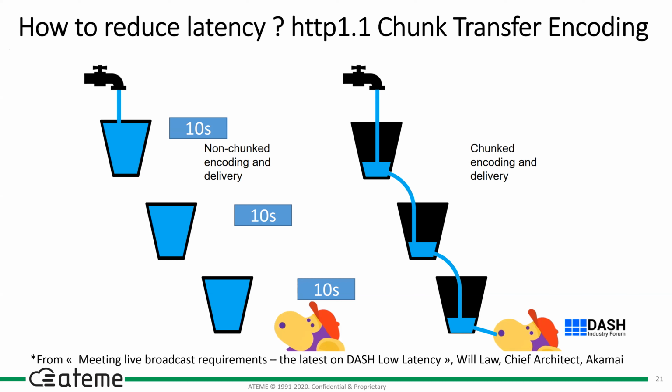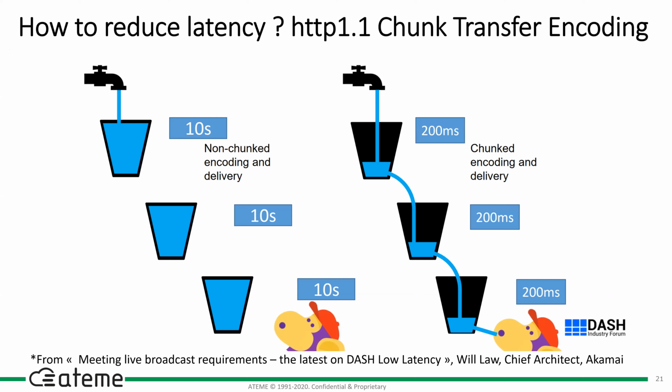So you have to fill 10 seconds into the first one. Maybe you go to an edge device for the second one, and then you've got to transfer it to the end user. And maybe that player's got to also download its 10-second segment, and it can't start playing until the full segment is done. So automatically, you're going to get a 30-second delay on an HLS, like non-chunked encoding delivery.